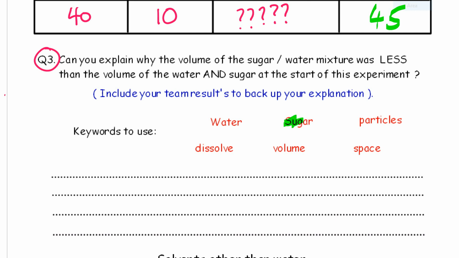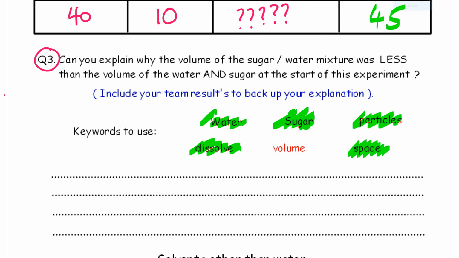When sugar is added to water, the sugar particles dissolve. They move into the spaces between the water particles.